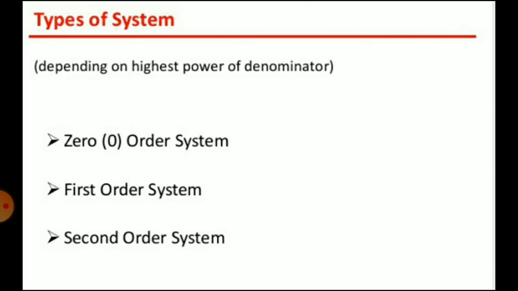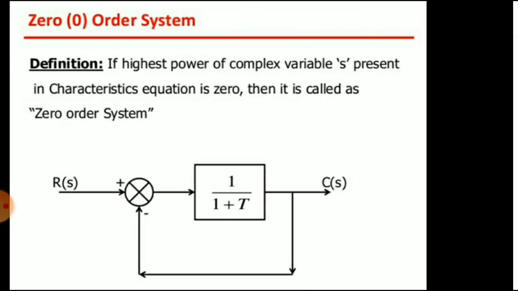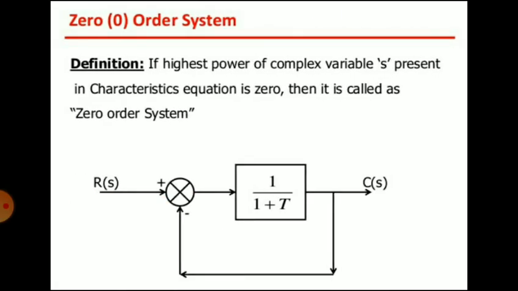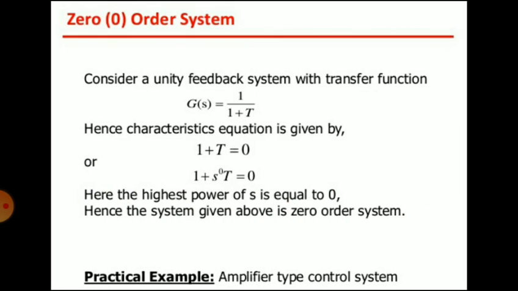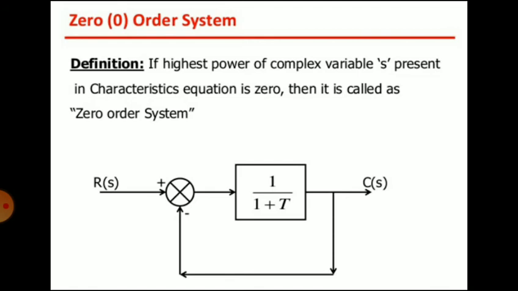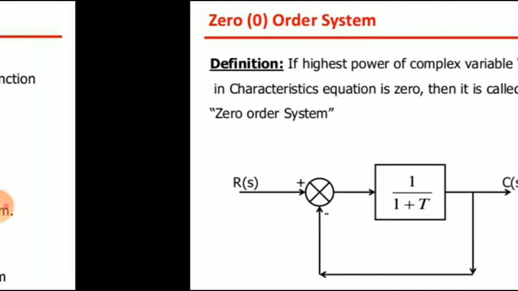Then type of system. Depending on the highest power of the denominator, systems are classified as zero order, first order, and second order systems. Zero order system: if the highest power of the complex variable s present in the characteristic equation is 0, then it is called a zero order system. Consider a unity feedback system with transfer function G(s) = 1/(1+t).